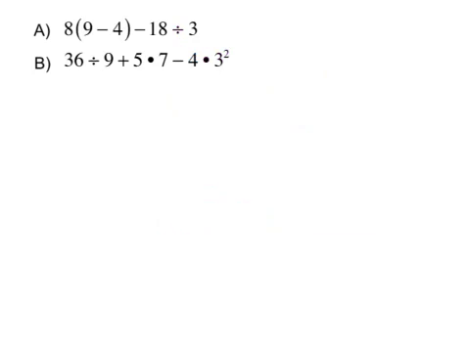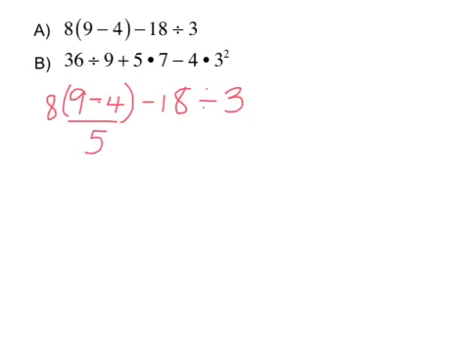We're going to start first with this first problem, part A. So I'm going to rewrite this: 8, 9 minus 4, minus 18 divided by 3. So we're going to do what's inside our parentheses first. So 9 minus 4 is 5, and I'm going to just rewrite the entire problem again.